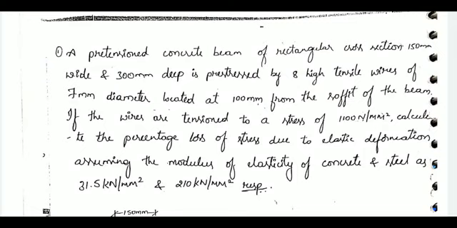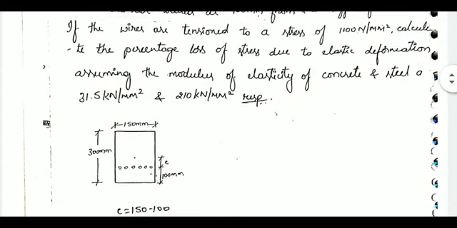1100 Newton per mm square, calculate the percentage loss of stress due to elastic deformation, assuming the modulus of elasticity of concrete and steel as 31.5 kN per mm square and 210 kN per mm square respectively. So this is the question given.